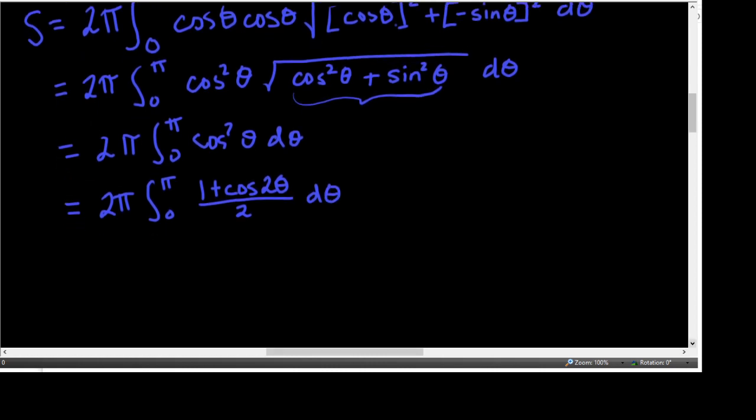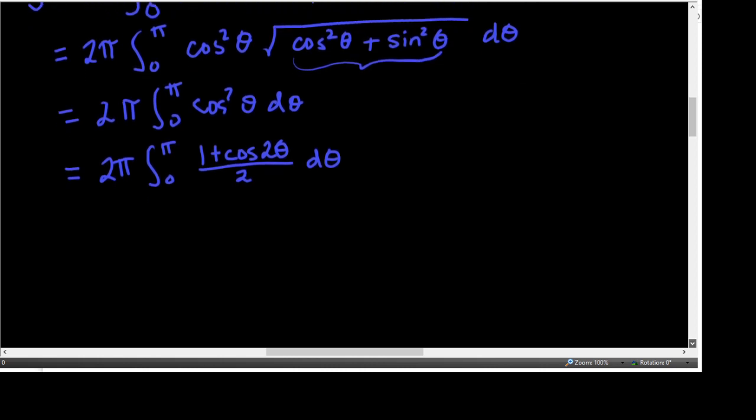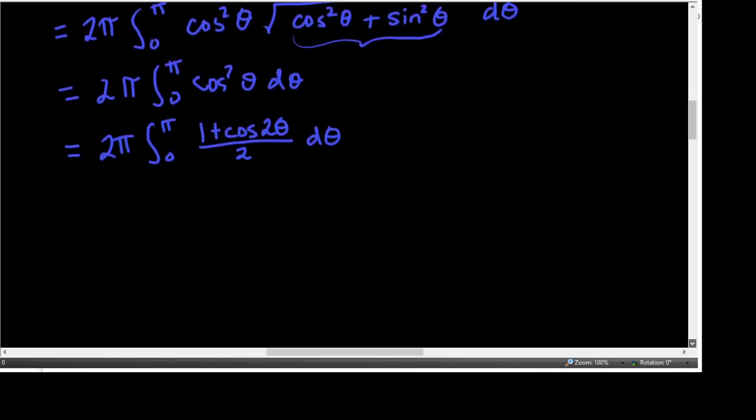Okay, so if I take that constant 2 that's in the denominator out in front as a 1/2, 2 pi times 1/2 will be pi. And so we're left to integrate 1 plus cosine of 2 theta d theta.